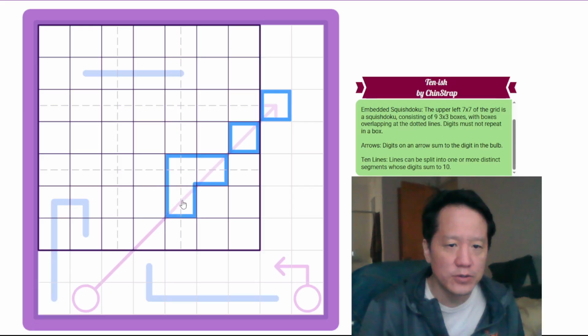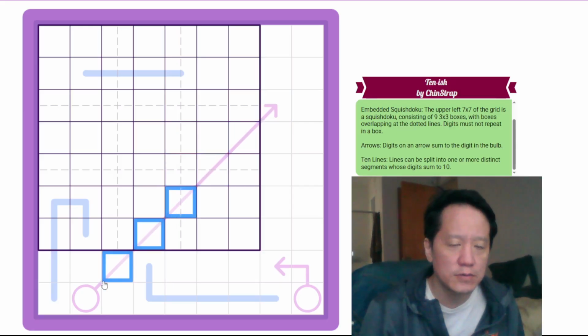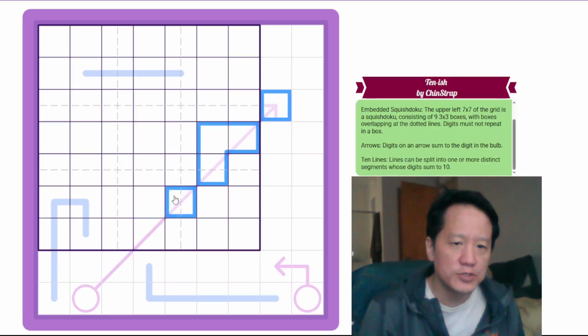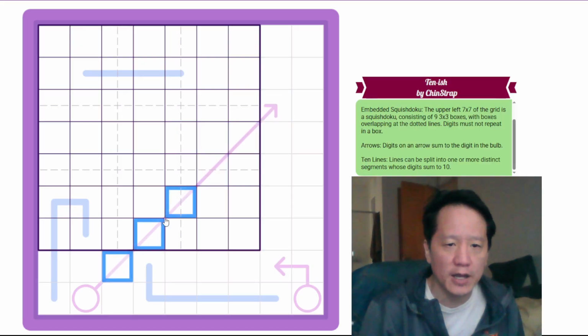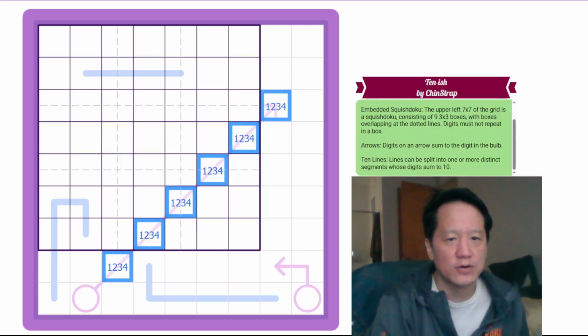Okay, this arrow is interesting. The most any digit on this arrow can be, it could be 5 with the rest being 1s, so you can have up to 5 on this arrow.